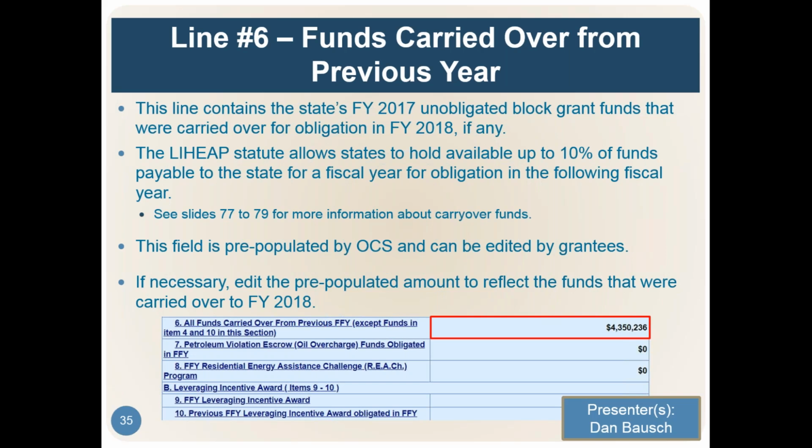As I mentioned earlier, if you did carry over funds from 2017 into fiscal year 2018, this field will be pre-populated with the amount that you reported. And if necessary, if you realize that amount needs to be updated, you can go in and edit the amount in line 6 to be correct.